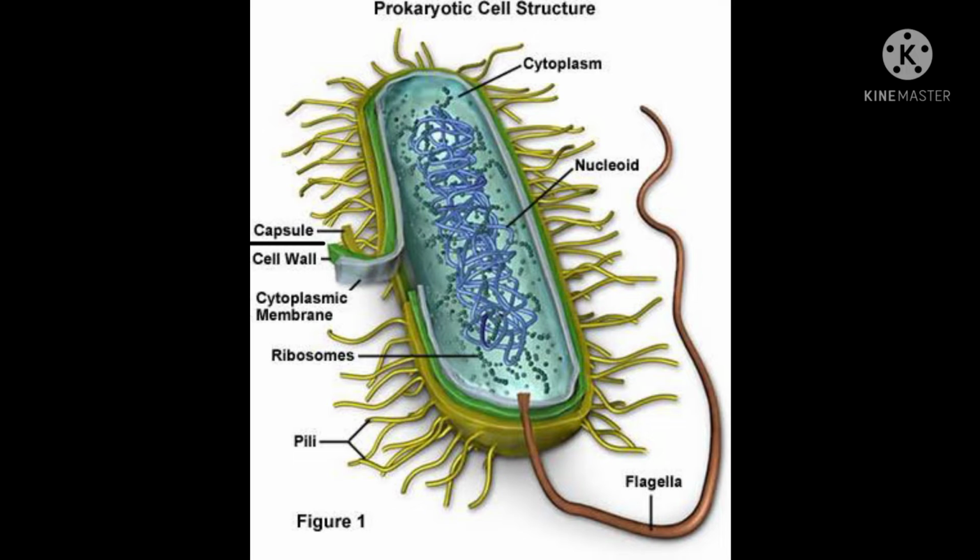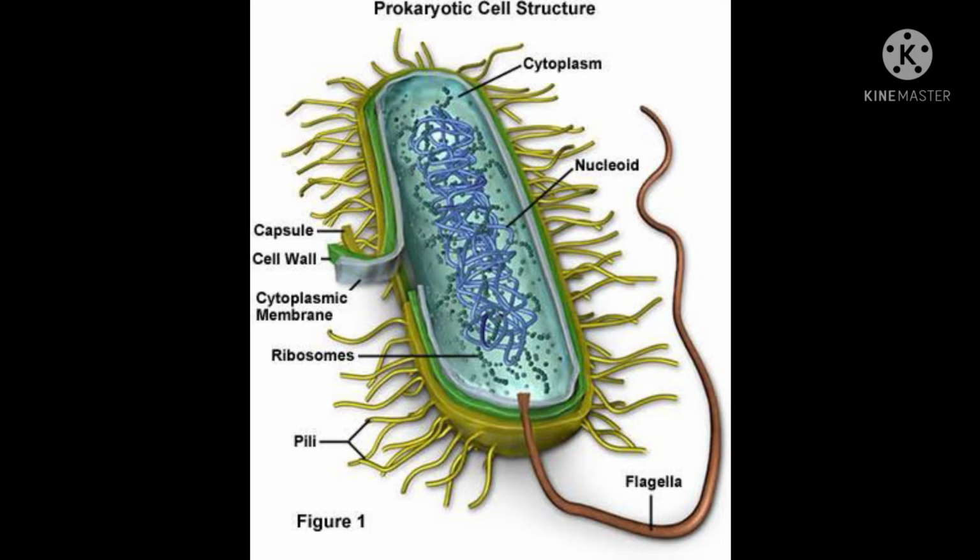The capsule is a major virulence factor in the major disease-causing bacteria, such as Escherichia coli and Streptococcus pneumoniae. Non-encapsulated mutants of these organisms are not virulent. They don't cause disease.